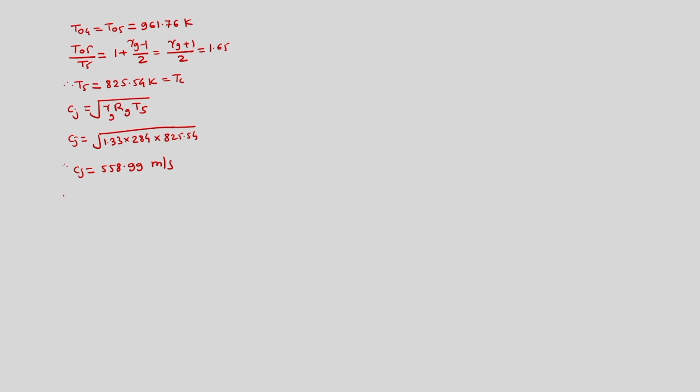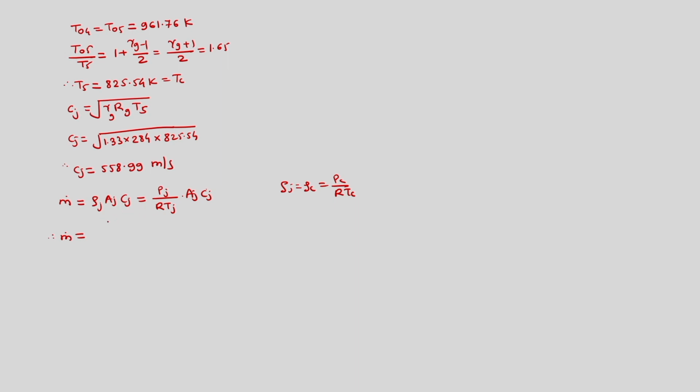Now what we need to evaluate is the mass flow rate, since we are given the area of the nozzle. For the thrust calculation, we need to know the mass flow rate. So it is rho j Aj Cj, but we do not know rho j, which is equal to rho c, which is Pc upon R Tc. So m dot is Pj upon R Tj into Aj into Cj. Pc further needs to be calculated.